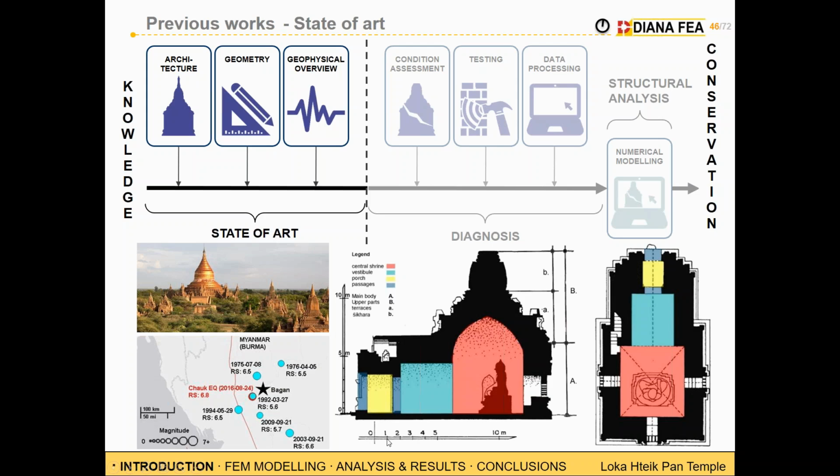In this case, we have rounded walls, and then we also have groin walls. The dimensions are more or less 10 meters by 15 meters, and this structure, but also all the Bagan sites, suffered several earthquakes, which brought a lot of damage to the structures. The last one occurred in 2016, and it is called the Chauk earthquake.